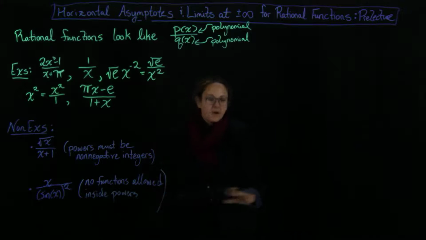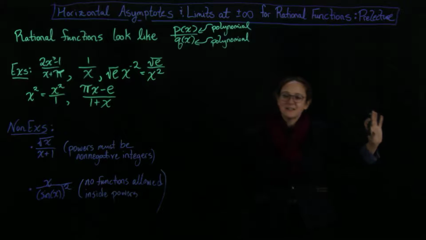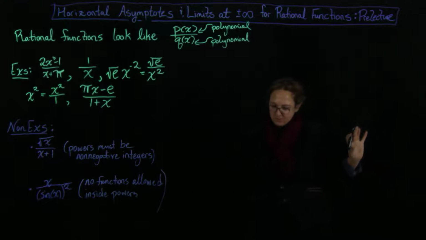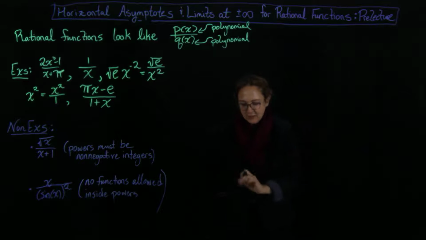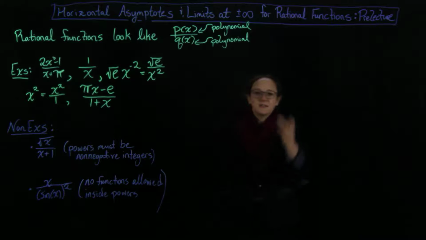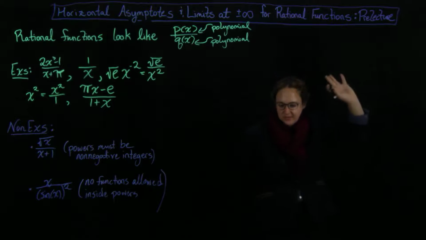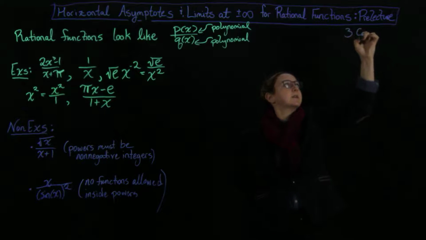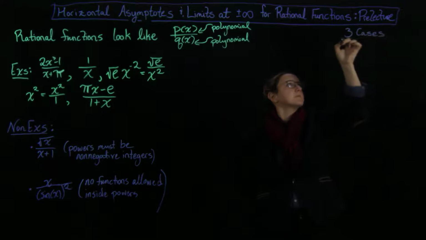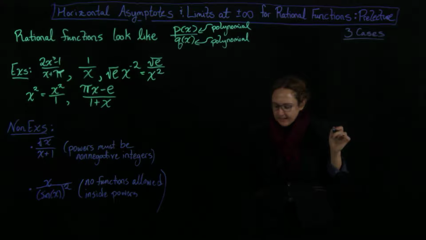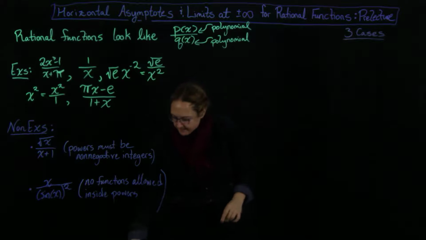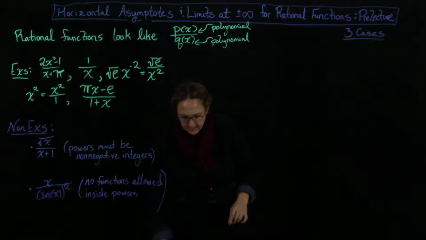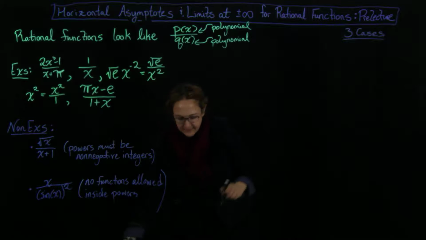Okay. There are going to be 3 cases that are divided up by degree. I'll write these cases, and then let's look at what we mean by degree. Here are the 3 cases. I'm going to write them up in this corner so that we can keep them there as we go through the different cases. The first circumstance: we're going to be looking at something called the degree.